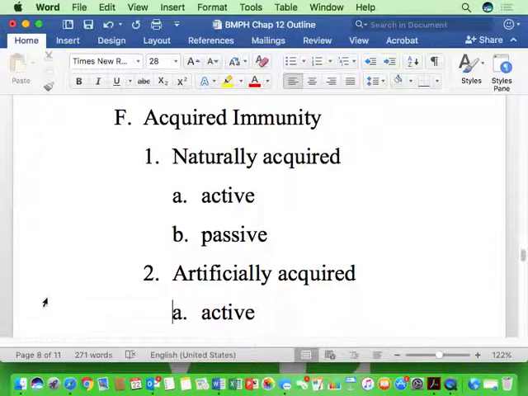Vaccines are dead or attenuated forms of the pathogen.